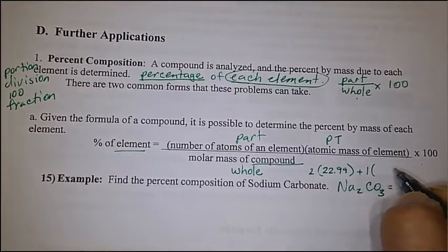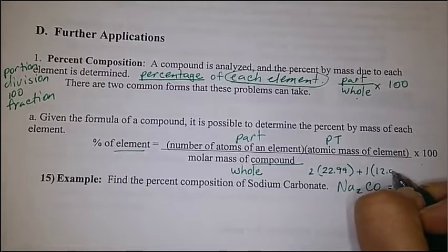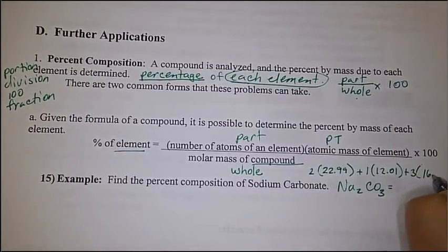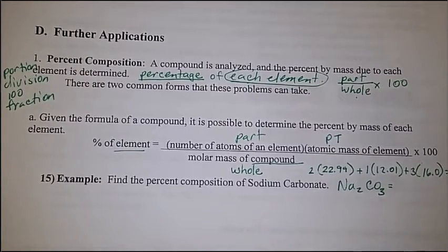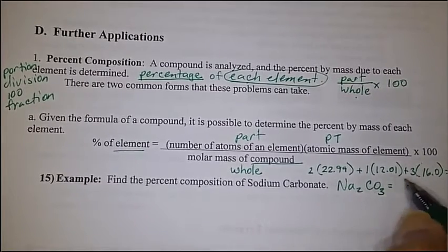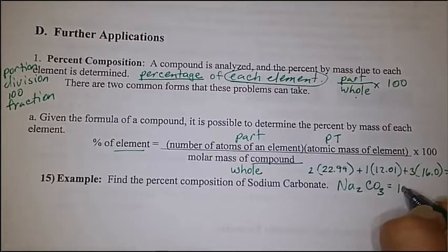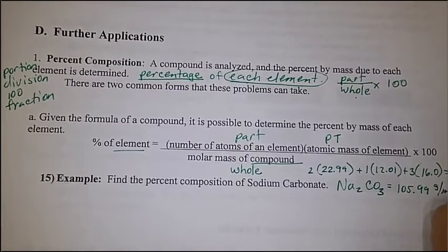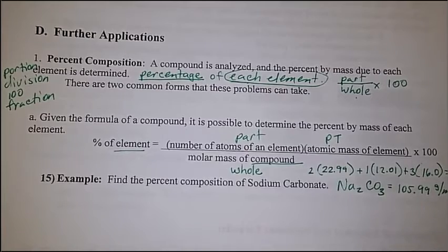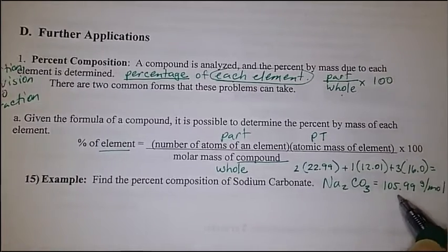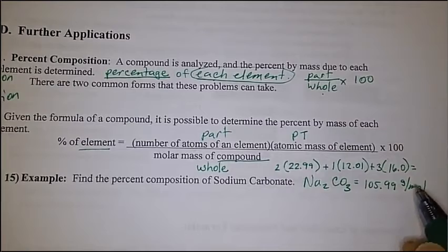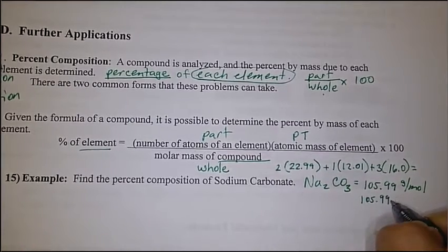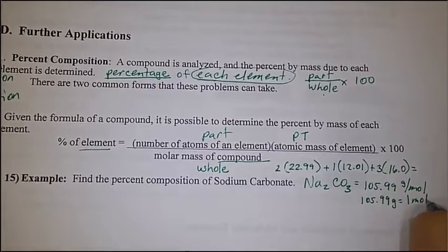The mass of each carbon is 12.01. There are 3 oxygen atoms. The mass of each one is 16. And then when you plug it into your calculator, you should get 105.99 grams per mole. So keep in mind that that is saying that there is 105.99 grams for every 1 mole.